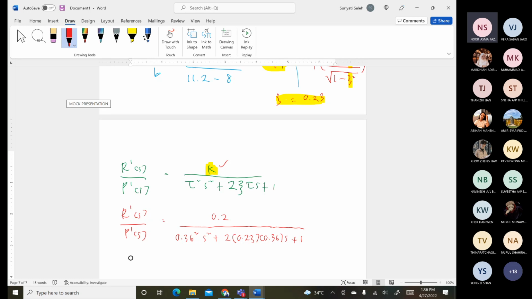Any question relating to this problem? All right.